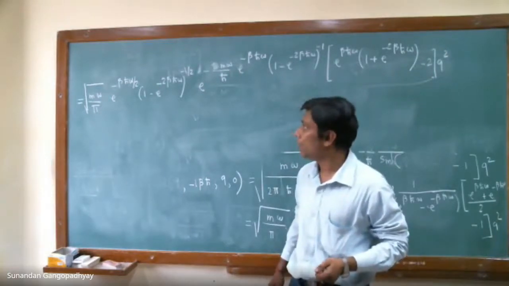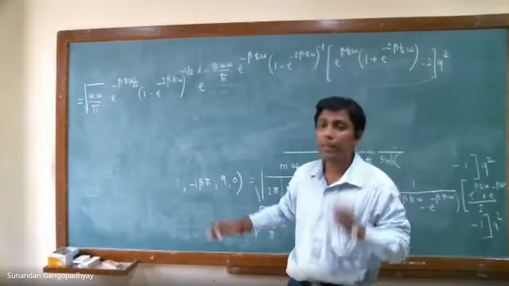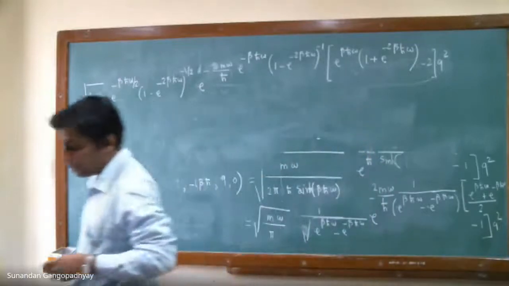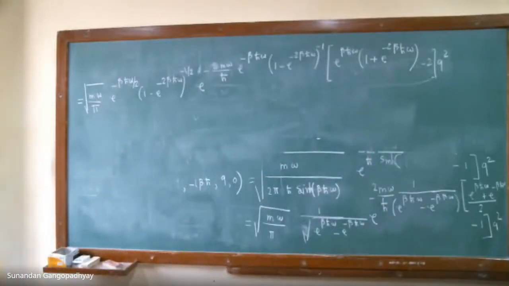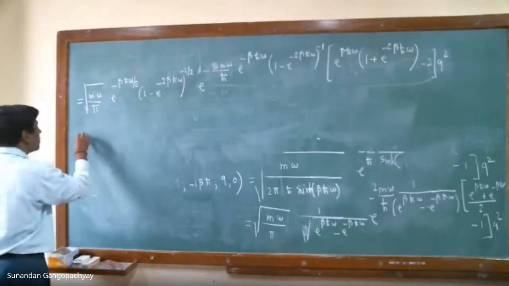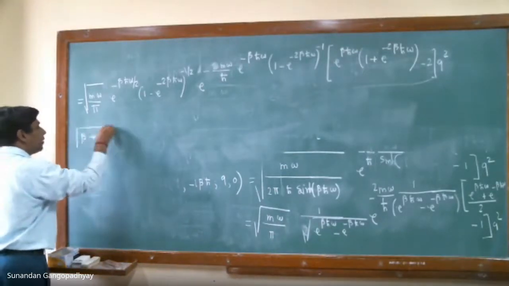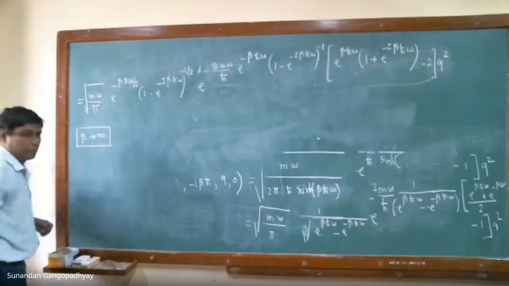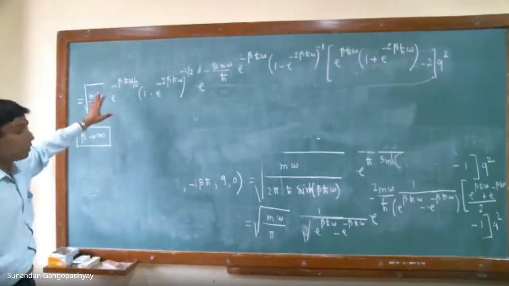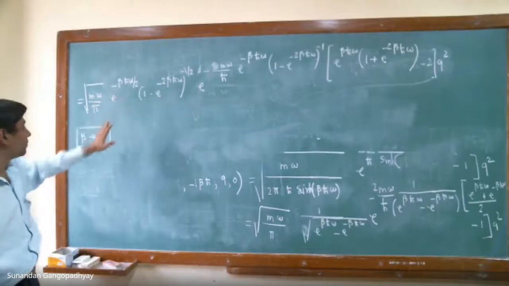So to isolate the ground state, what we did was we took the beta tending to infinity limit. If we take the beta going to infinity limit, this would isolate the ground state.